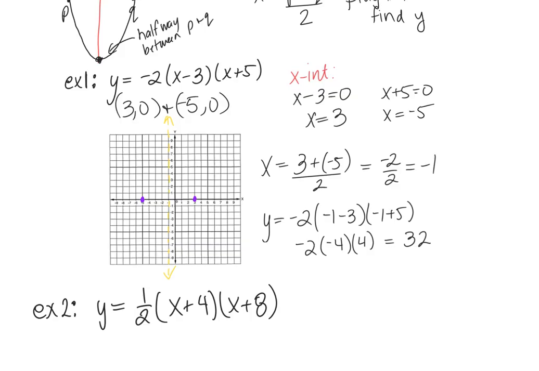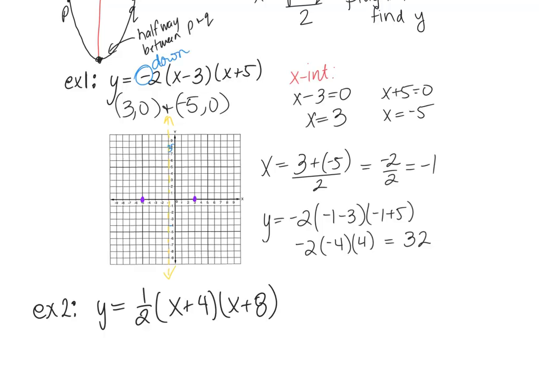Okay, so we're going to rescale this axis because mine doesn't go up to 32. So I'm going to count by 4s: 4, 8, 12. Oh, wait, it's positive. That makes sense because it opens down. We know that a is negative, so it's going to open down. So my vertex should be at the top.